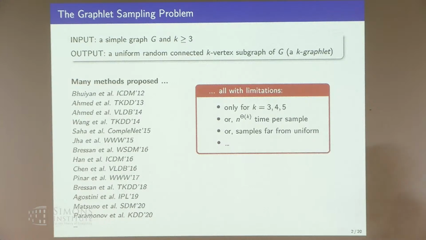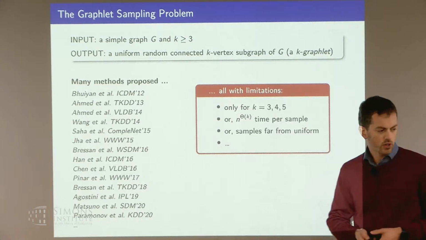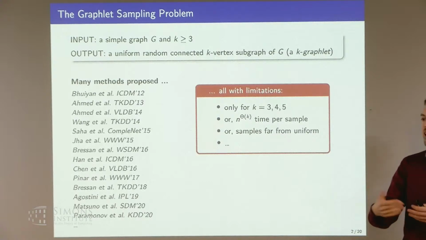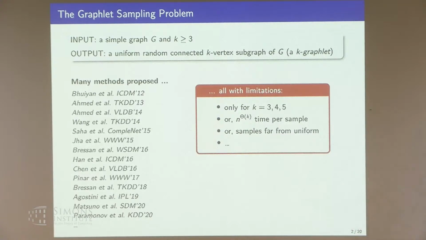There were a lot of nice works, but all of them had some fundamental limitations. Many of them work only for small values of k, by small I mean really only 3, 4, or 5. They really break if you try to go further. It's not even clear how the method should be defined for k equals 6 or larger.